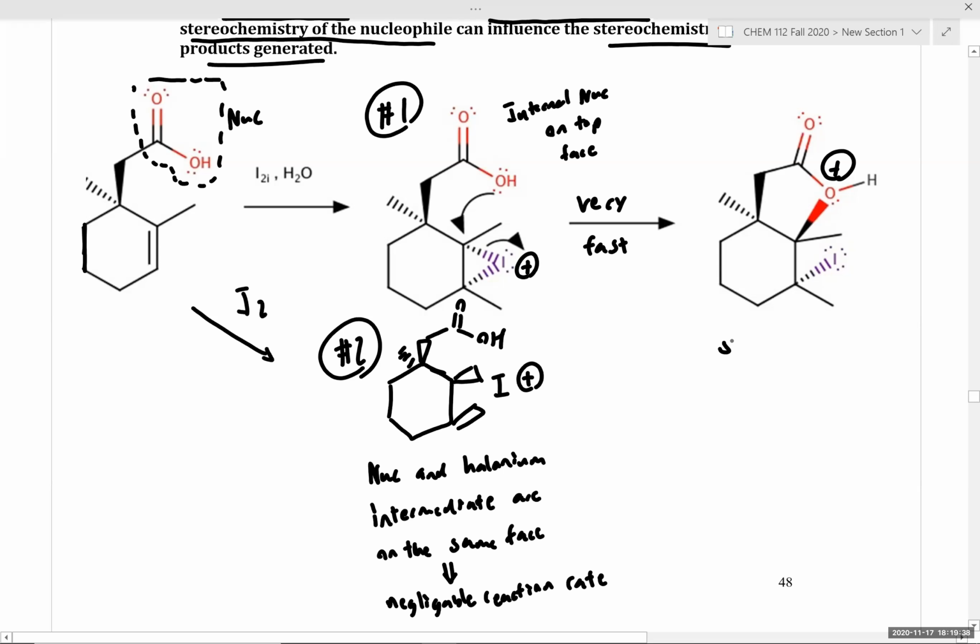And as a result, we observe a single enantiomer if you start with a single enantiomer.